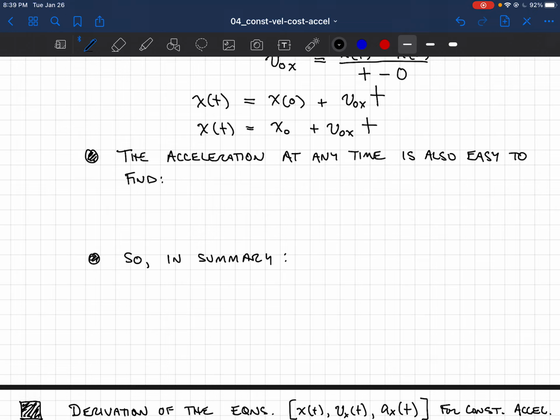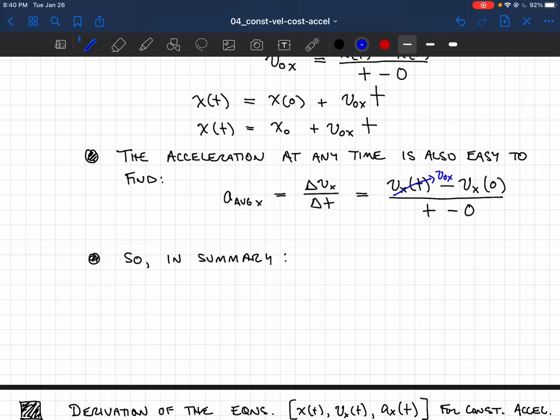Finally, what's the acceleration? Well, that's also easy because the average acceleration in the x direction is equal to delta vx over delta t. And delta vx is vx at time t minus vx at time 0 for the time interval that we're choosing. But we already know that this is equal to v0x.